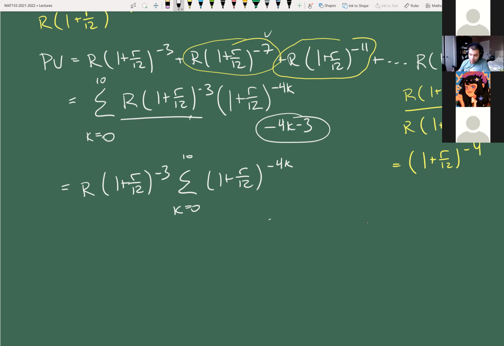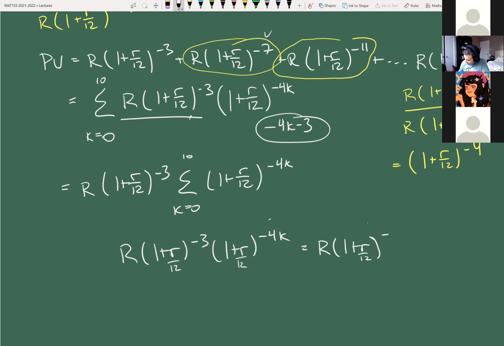Okay, so the question is, where did the 10 come from? If the question is, r times 1 plus r to the negative 3 times 1 plus r to the negative 4k is equal to r times, this is the last term here, to the negative 43, what value makes this true?